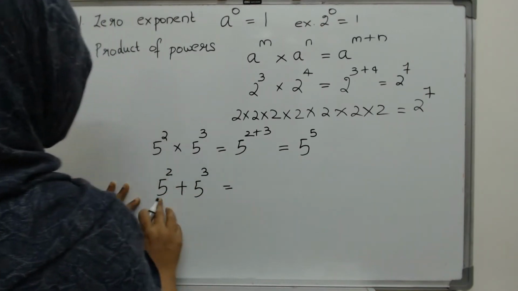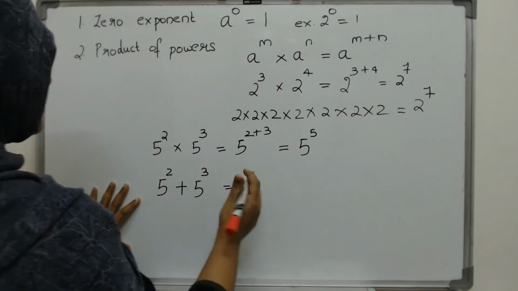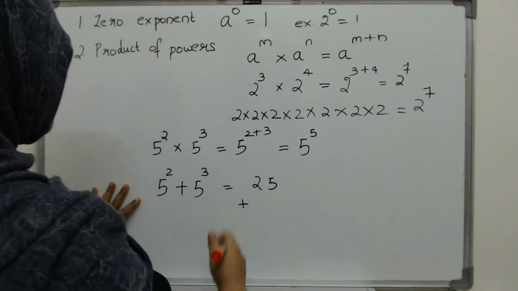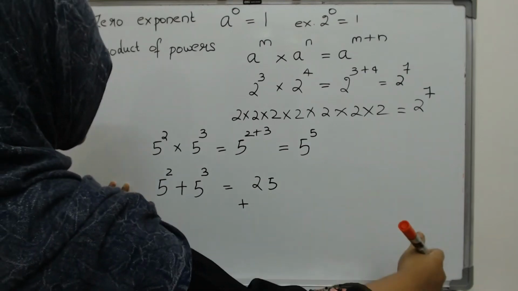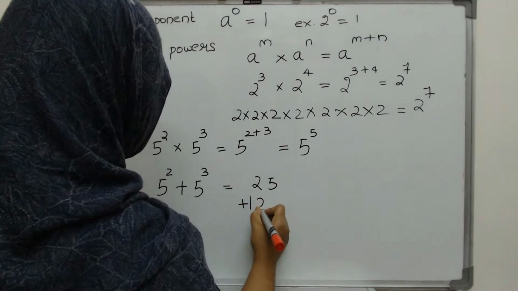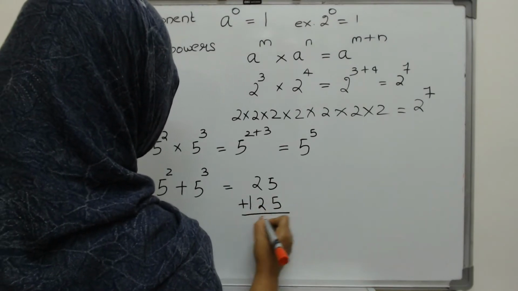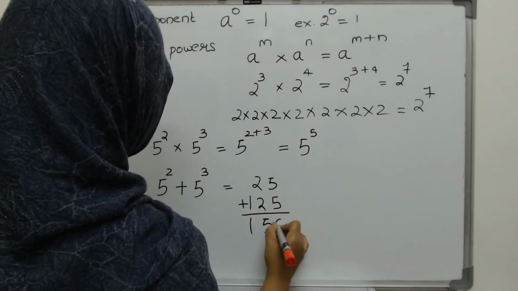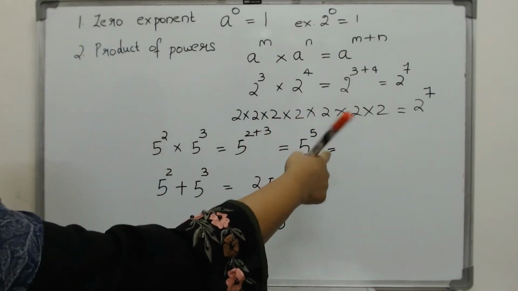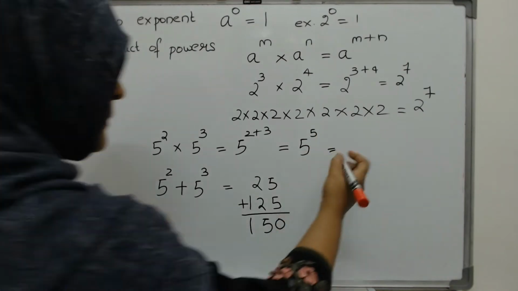What is 5 square? 5 square would be 5 into 5, which is 25. And what is 5 cube? That is 5 multiplied with itself 3 times. That would be 25 into 5, that would be 125. Or in other words, the sum would be 150. But that is not the same as 5 raised to 5.